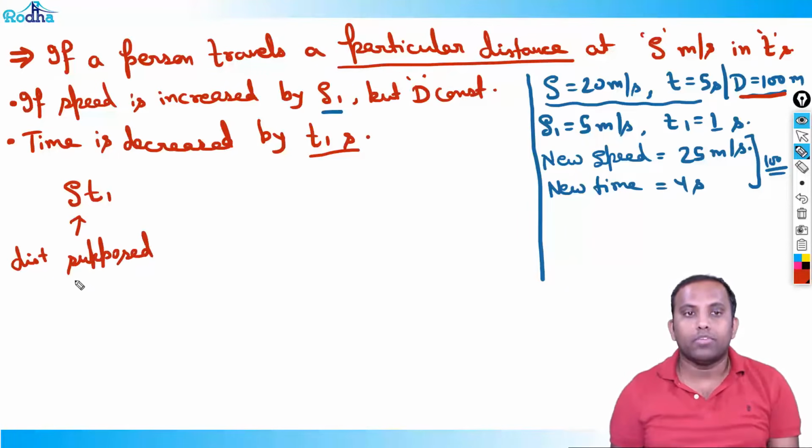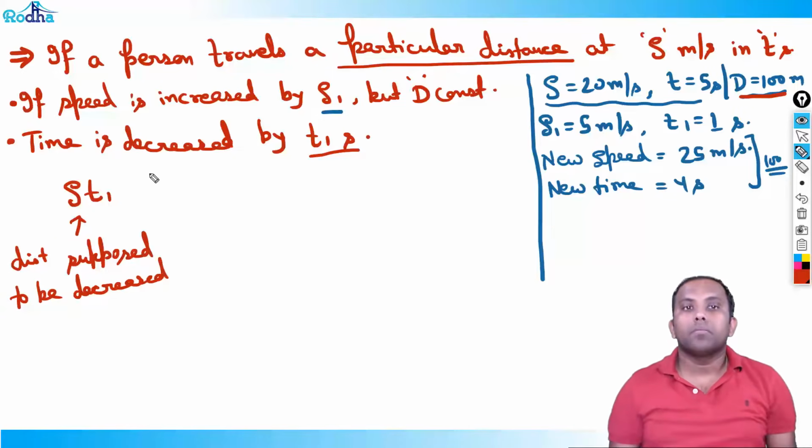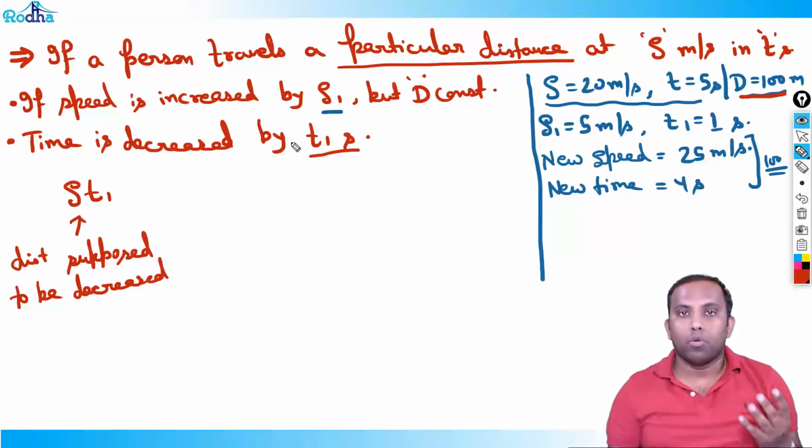Come again here. If speed is s and time is decreased by t1 seconds, so if speed is not increased and only time is decreased, distance was supposed to be reduced by speed into time, s into t1.